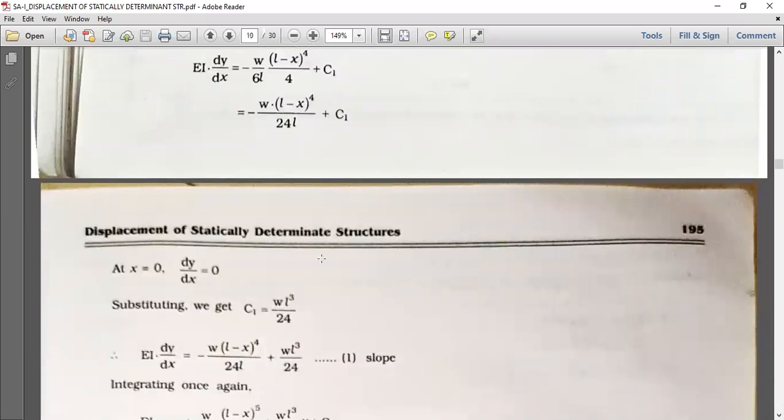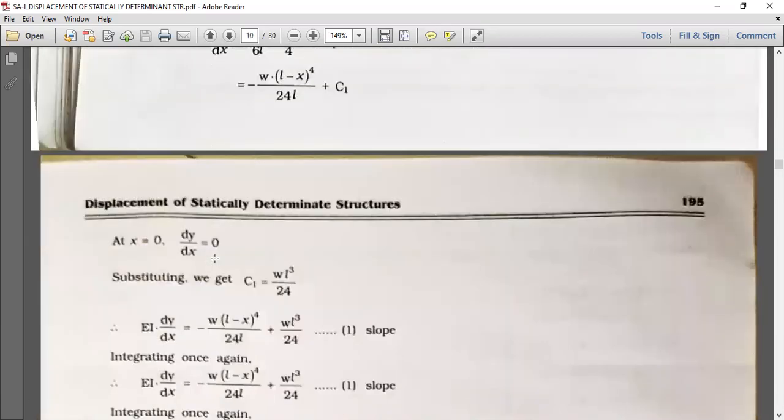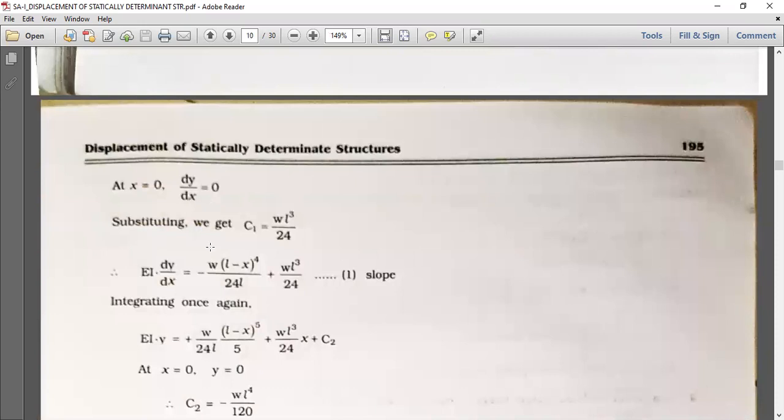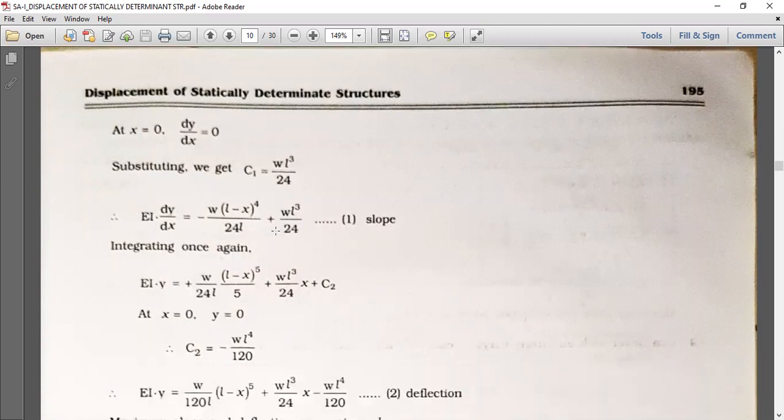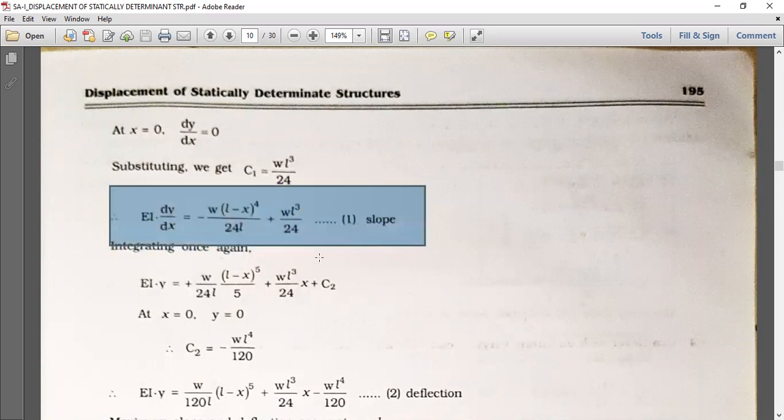C1 is a constant, but we know x is equal to 0 and dy by dx is equal to 0 at the point B. That's why C1 is equal to WL cube divided by 24. So these are our equations of slope.